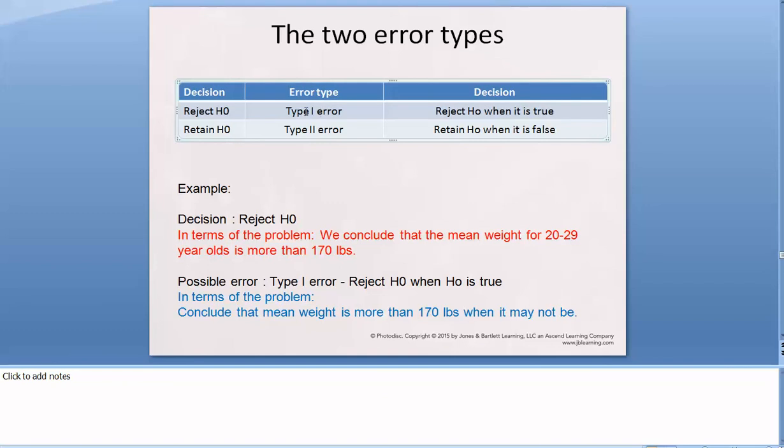Type 1 error happens if you reject H null, and type 2 happens if you retain H null.